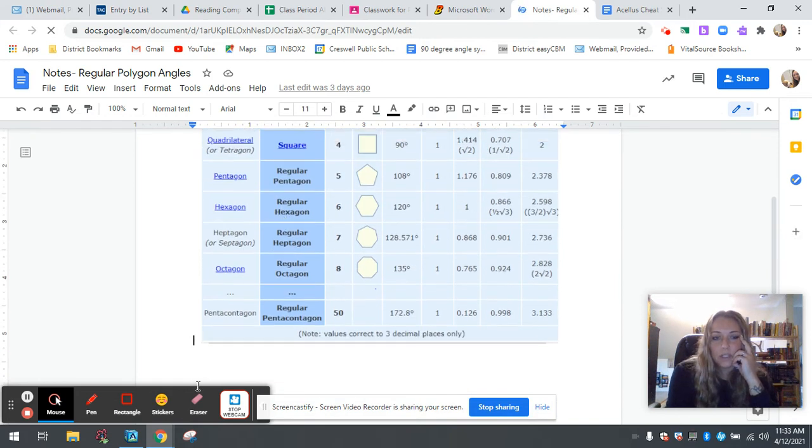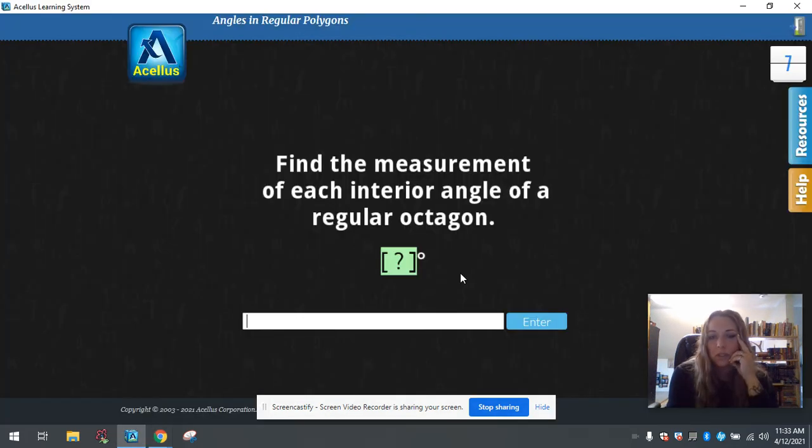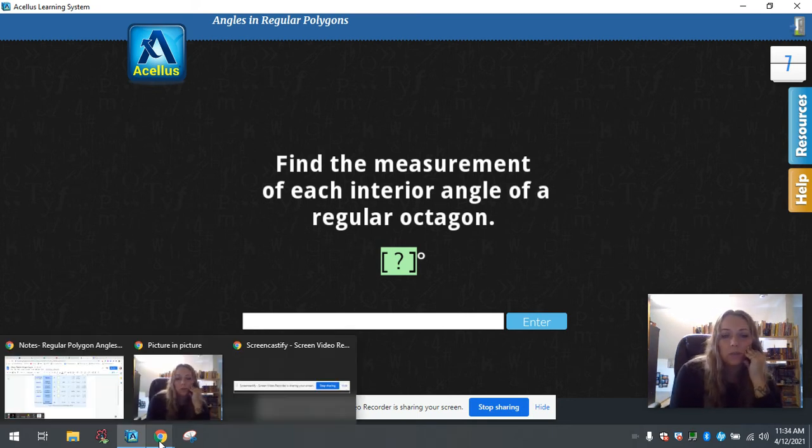Let's look at our first question in Acellus. It says find the measurement of each interior angle of a regular octagon. Here's the formula, which I will post in the notes.